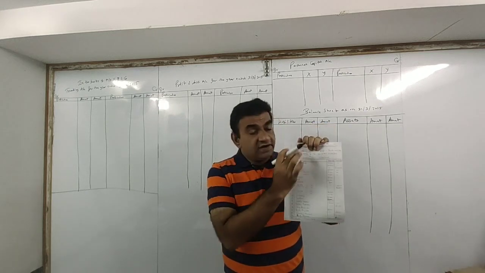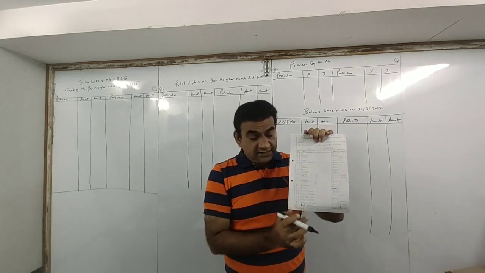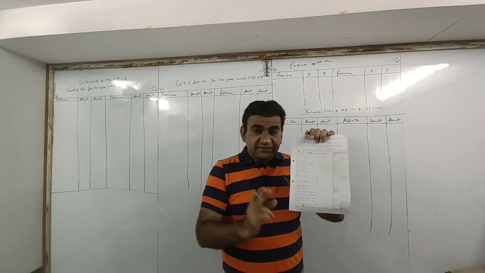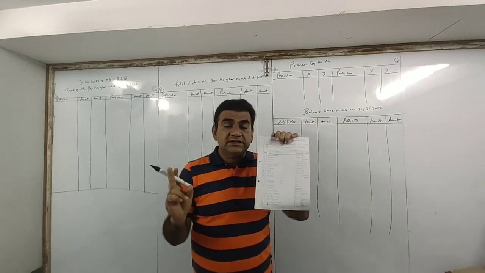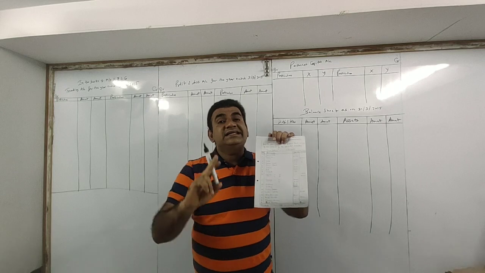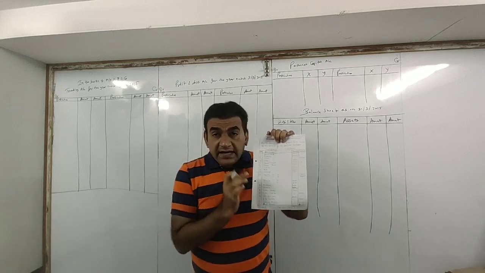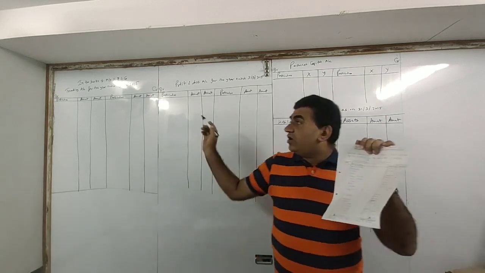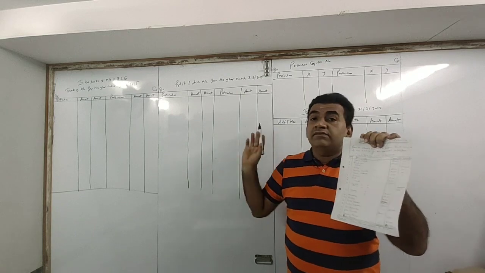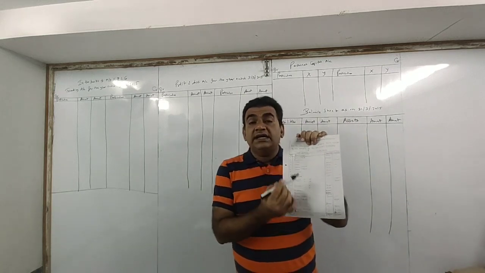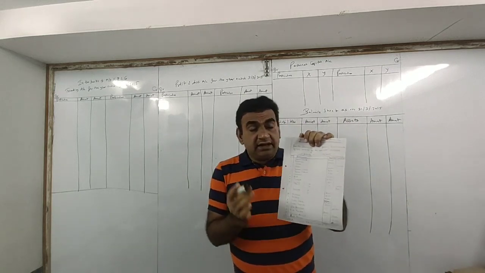First thing is we have to read out all the items, then see the adjustments. Adjustments are of two types. One is dependent, other is independent. Independent means it will be recorded at 2 places, but it won't affect any of the items in the trial balance.